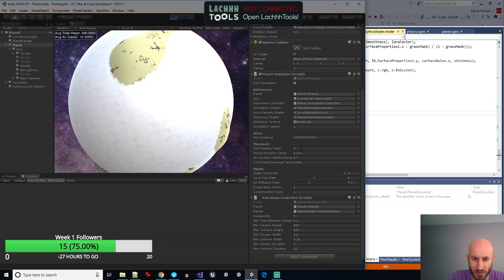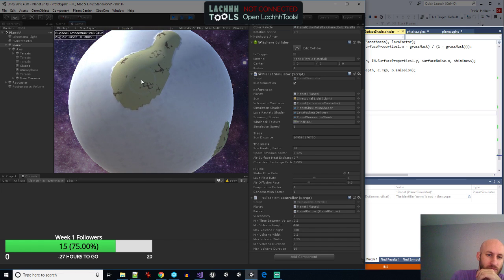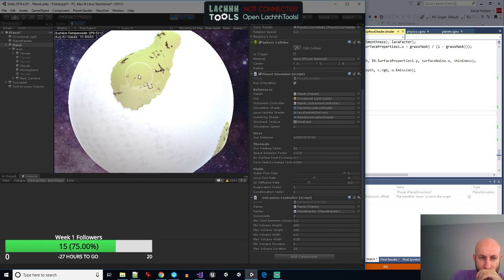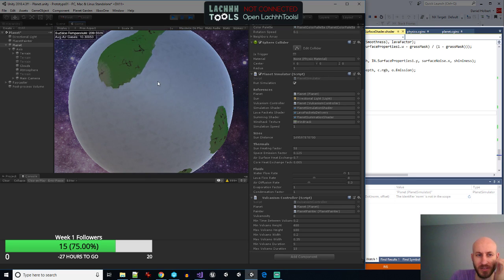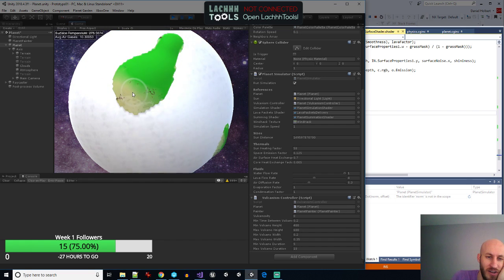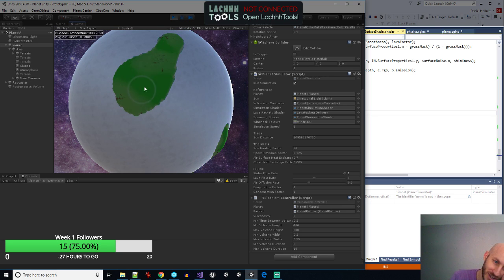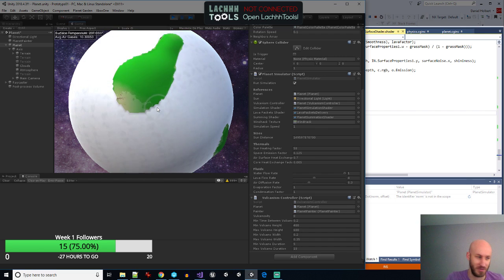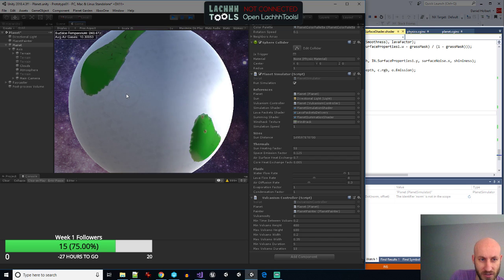So what happens if I make it really crazy, like 50? Oh, look, there's some life spawning there. Some grass is growing, but then I guess it got too cold again and died off, but then it's getting warmer again. And the simulation I'm doing for where vegetation comes in is super basic right now. It needs to be a lot more interesting, but it's a good start.